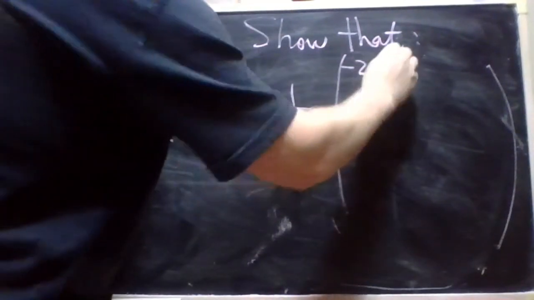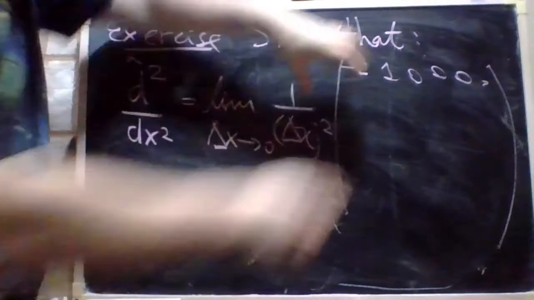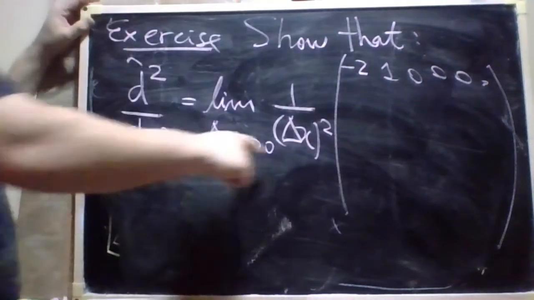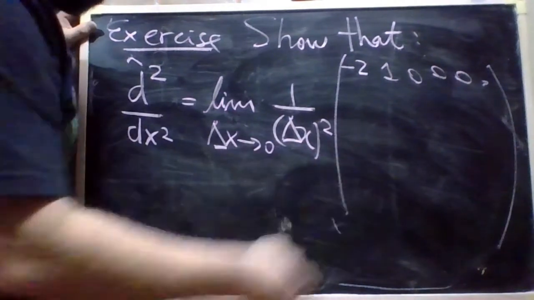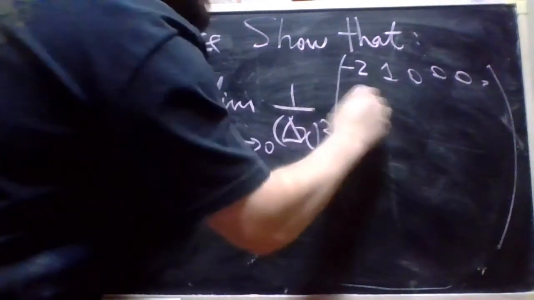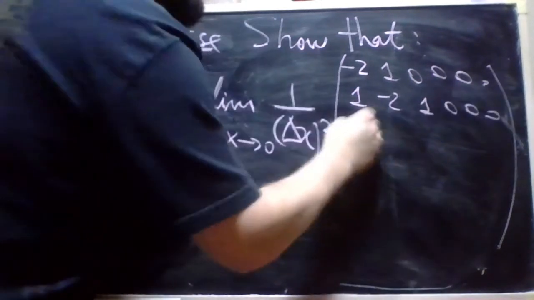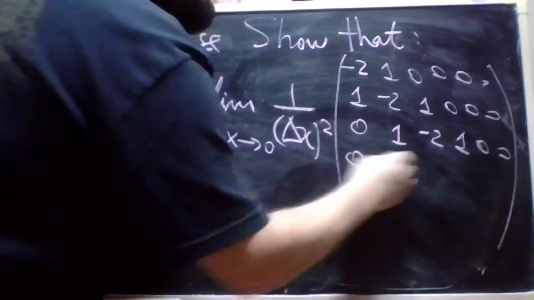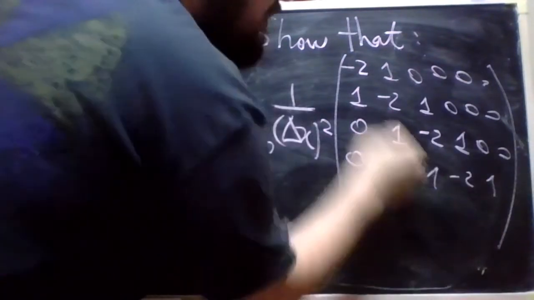Minus 2, 1, zeros. If you go to the limit delta of x going to 0, the matrix becomes larger and larger, all right? But in some finite value for delta of x, you can numerically compute that. You can implement this operator in the computer. This is the form.